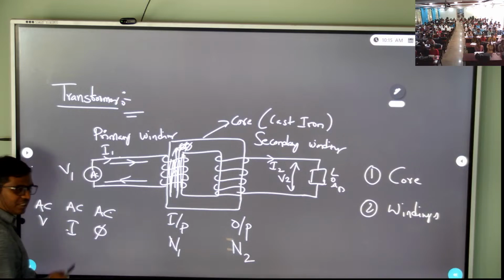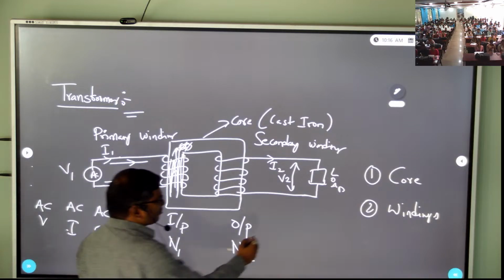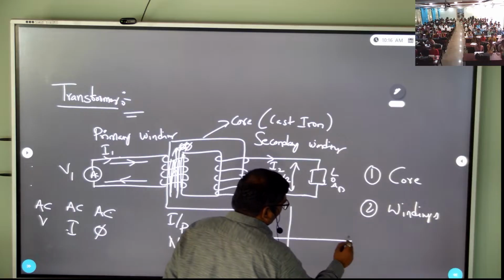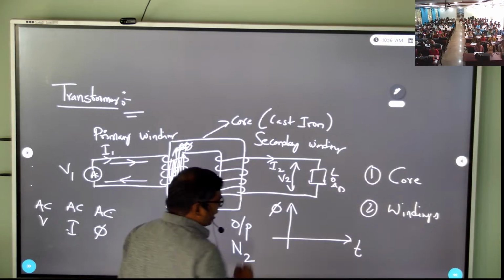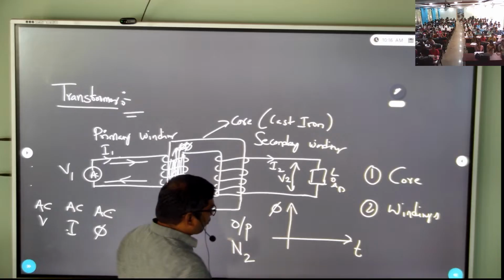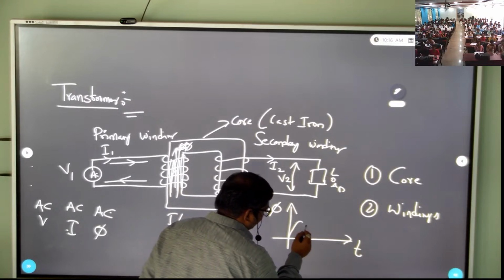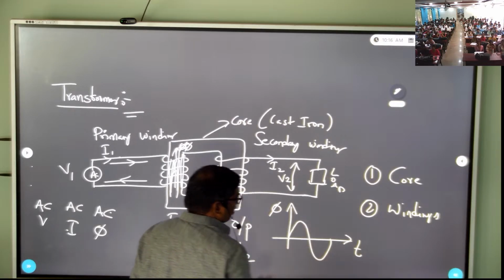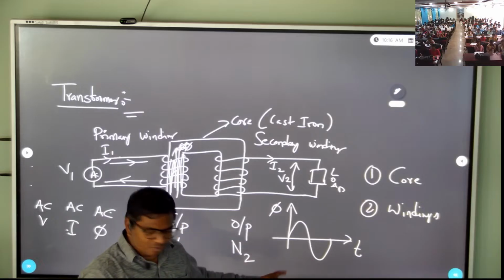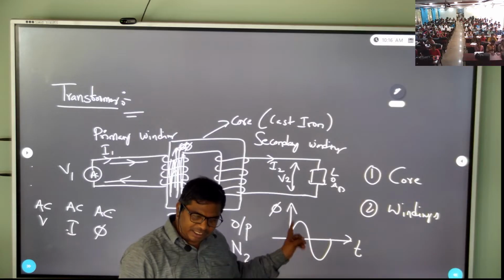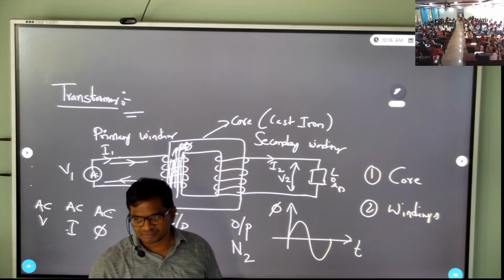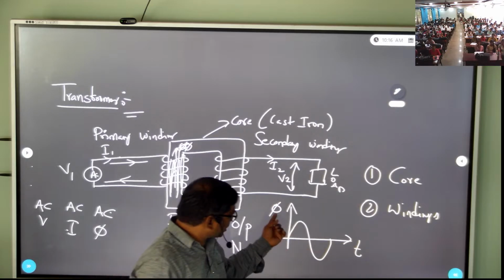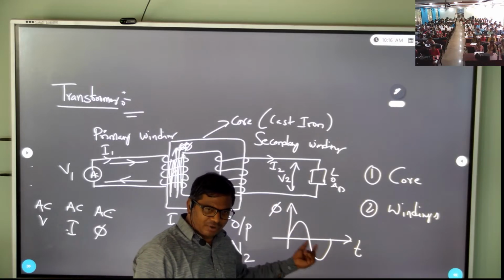Alternating flux means the flux changes with time. On the y-axis, the value is flux. So voltage is AC, current is alternating, and flux is also alternating, changing with respect to time, with positive and negative values.